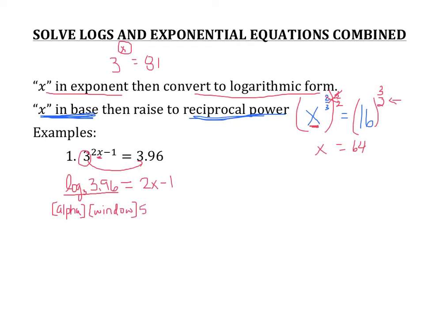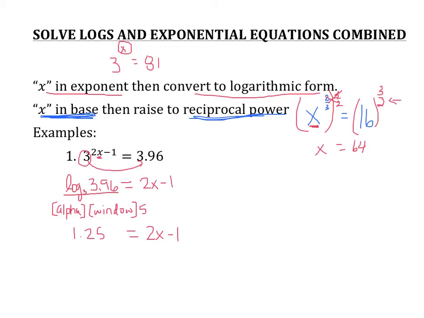So you can type that into your calculator. So log base 3 of 3.96 is equal to approximately 1.25. Now I've rounded it there, but when you do this on your calculator, leave that answer in your calculator and then go ahead and finish out the steps of your problem.